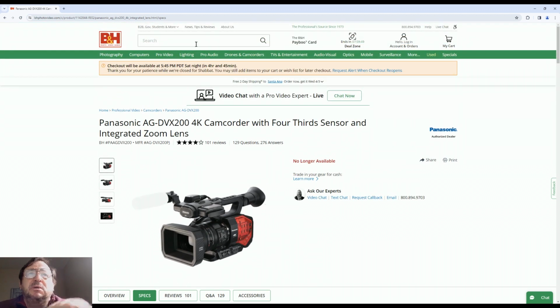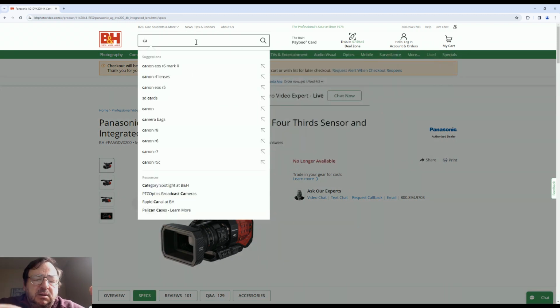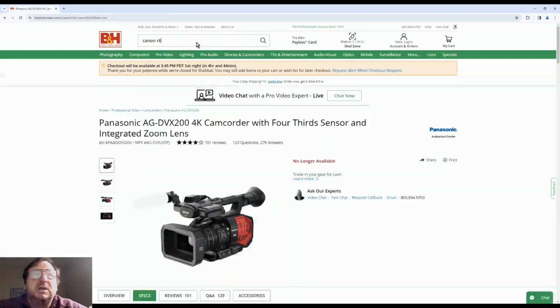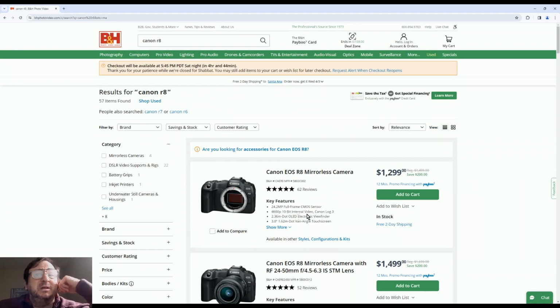Even the cheap ones. Suppose I'm considering Canon for vlogging. I think it's a good vlogging camera, the Canon R8. It's not metal. It's kind of plastic and a smaller body, but it's working fine, and the price is cheap. So suppose I'm okay with it.